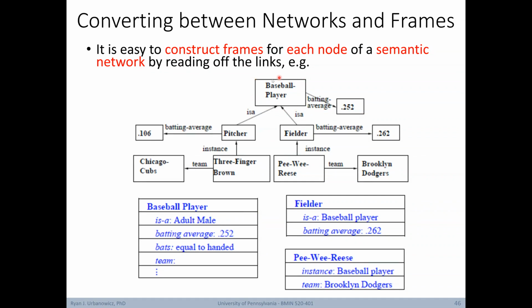For example, the object baseball player is converted to a frame down here. In this situation, imagine there's another object which baseball player is, specifically an adult male. Here, baseball player grabs the average default batting average for the player and adds it as a slot within the frame. Beyond the information that's in our semantic network, we can build this baseball player frame out further.